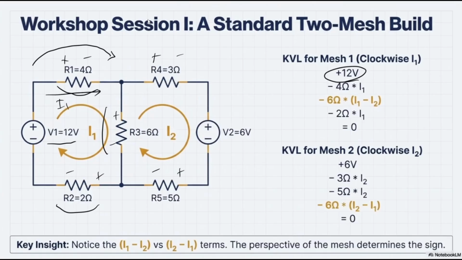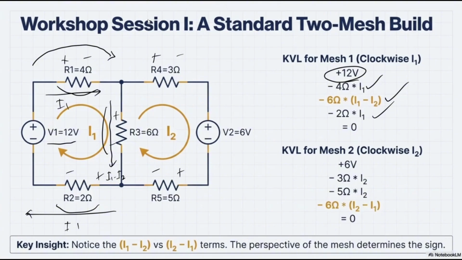Then I have another current that goes this way, which from the perspective of I1 equals I1 minus I2. Then I have another current which is just I1 itself. So: 12 volts, minus the voltage drop of negative 4 ohms times I1, minus the voltage drop of the 6 ohm, 6 ohms times (I1 minus I2), minus 2 ohms times I1, equals 0. This is the first KVL.